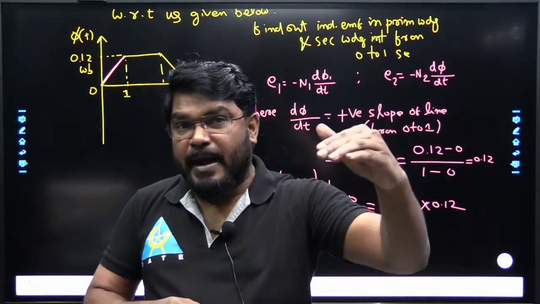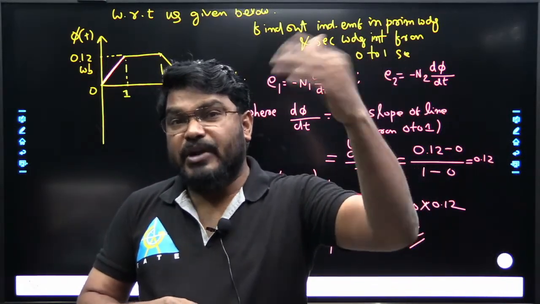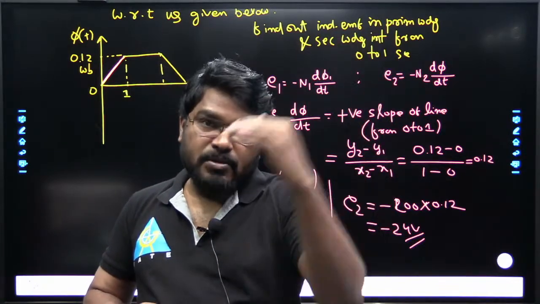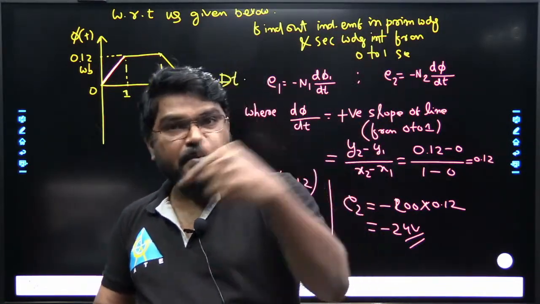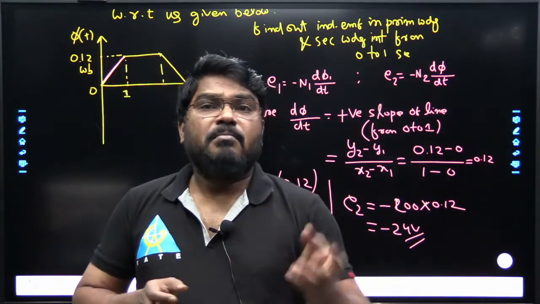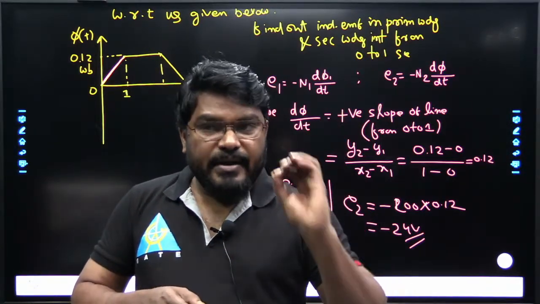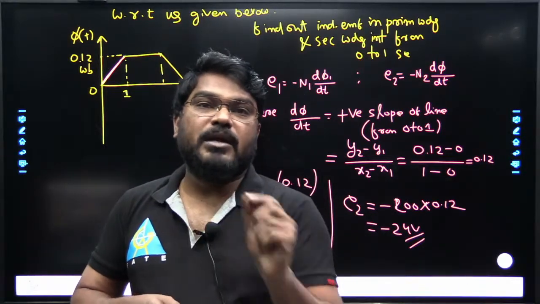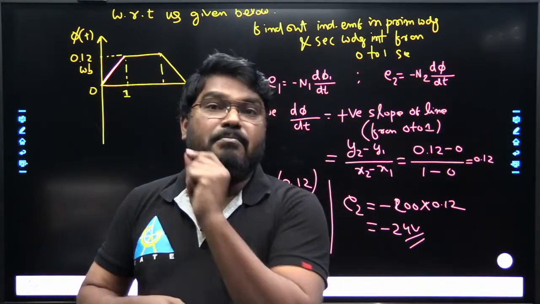If you take the magnetizing current decaying from maximum to 0, the polarities will be reversed. So we can take either plus or minus, but initially we always consider from the starting point, that means 0 to the maximum value. That's why in general we take the minus sign.